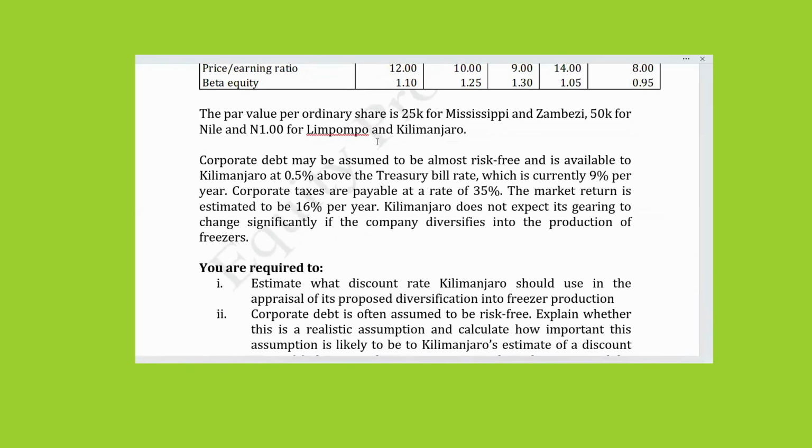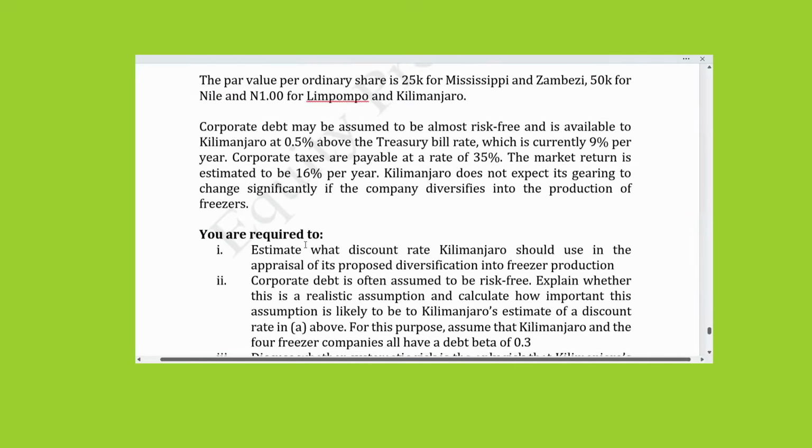Corporate debt may be assumed to be almost risk-free and is available to Kilimanjaro at 0.5% above the Treasury bill rate, which is currently 9% per year. Corporate taxes are payable at a rate of 35%. The market return is estimated to be 16% per year. Kilimanjaro does not expect its gearing to change significantly if the company diversifies into the production of freezers.